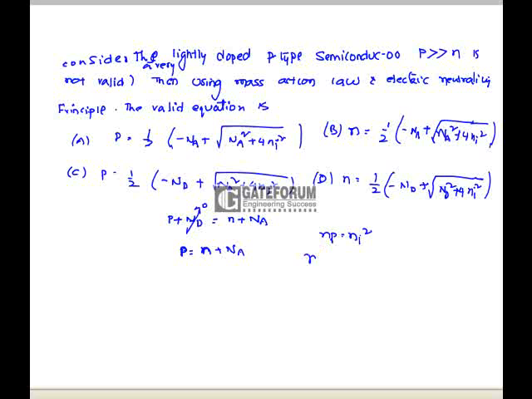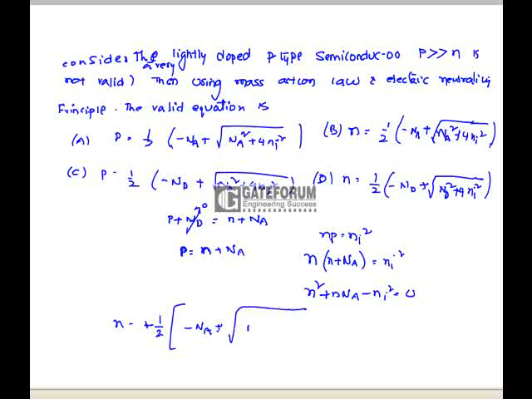So we replace P with N plus Na: N times (N plus Na) equals Ni square, that is N square plus N Na minus Ni square. If we solve this quadratic equation, we will get N as 1 by 2 times minus Na plus or minus root of Na square plus 4 Ni square, which is option B is correct.